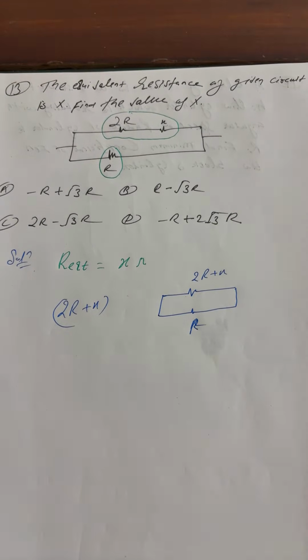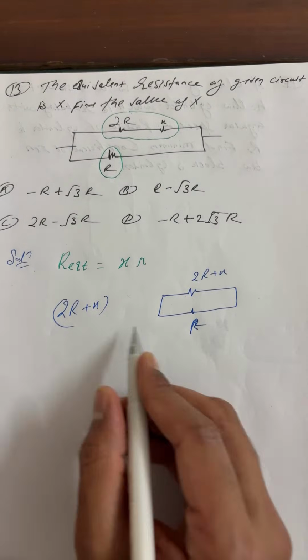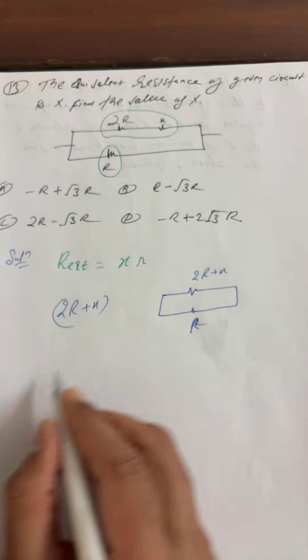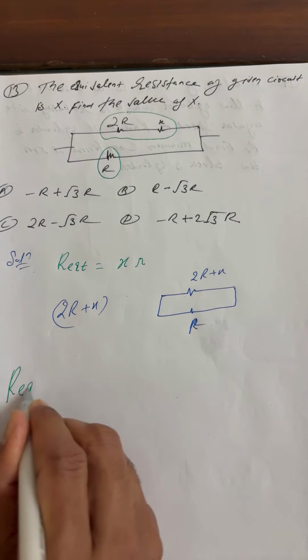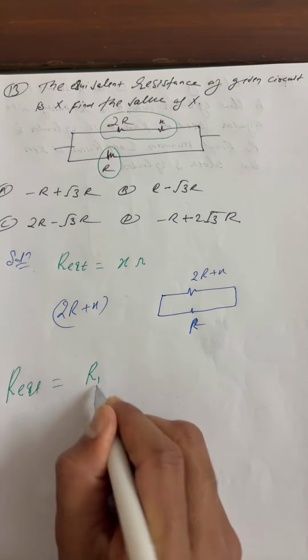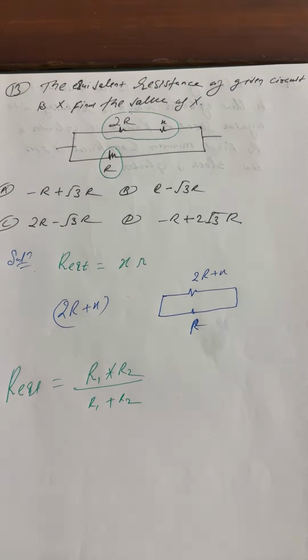Now, beta, I can apply here the formula which you wrote, Shreyans, 1 by R1, 1 by R2, right? If we have two resistors in parallel, then you can apply R1 into R2 upon R1 plus R2. Right, beta ji.